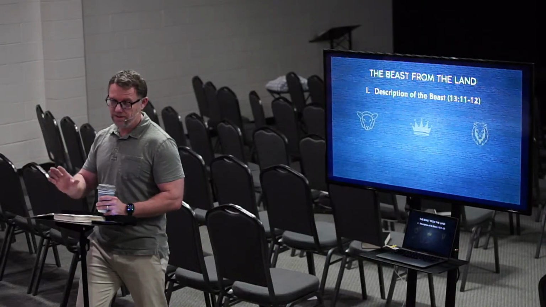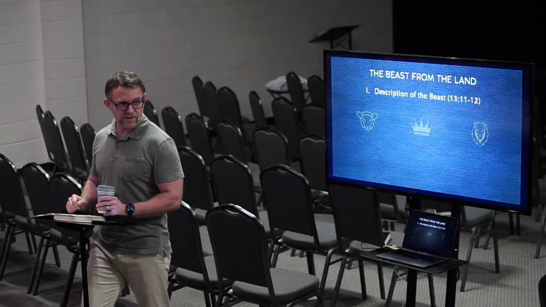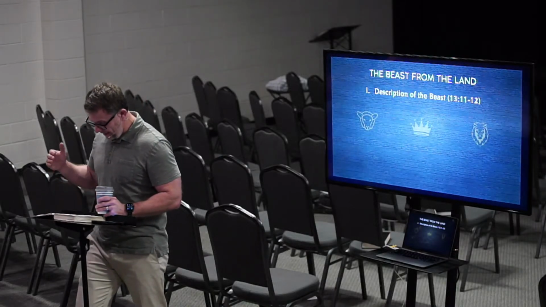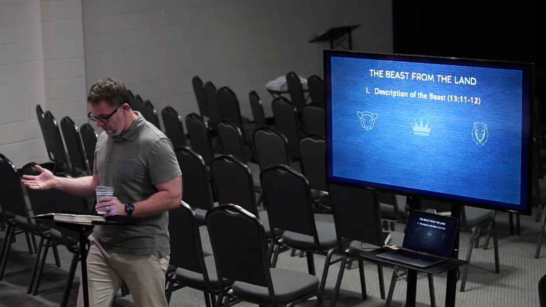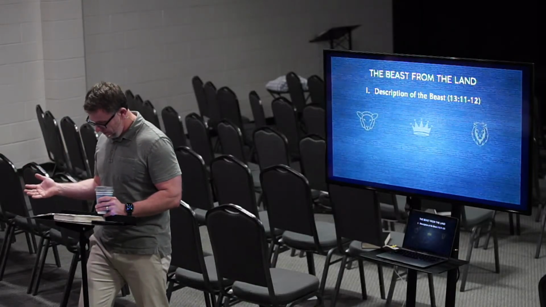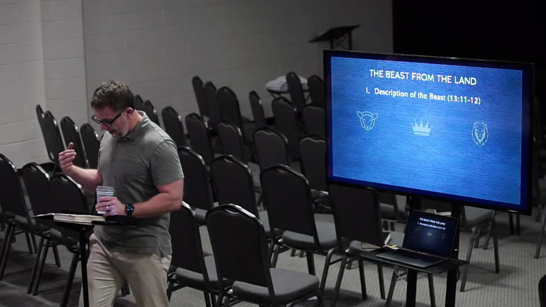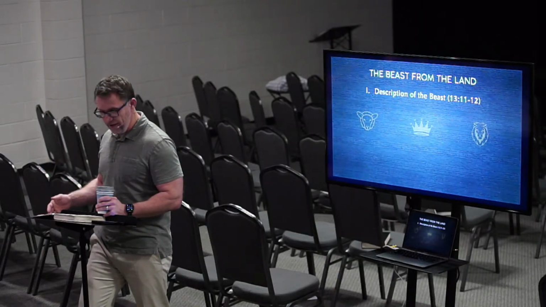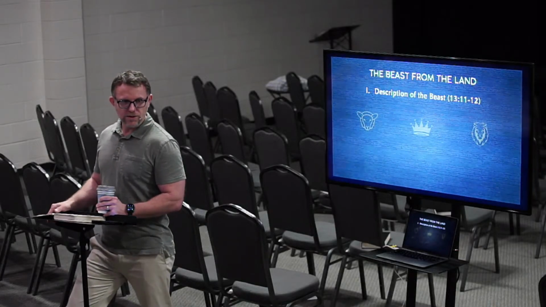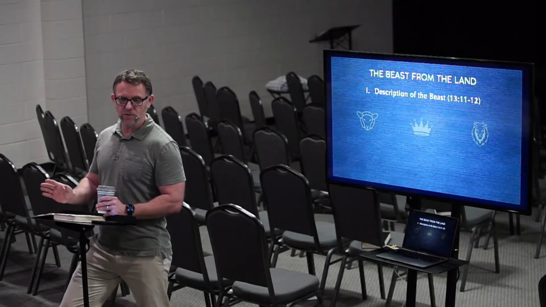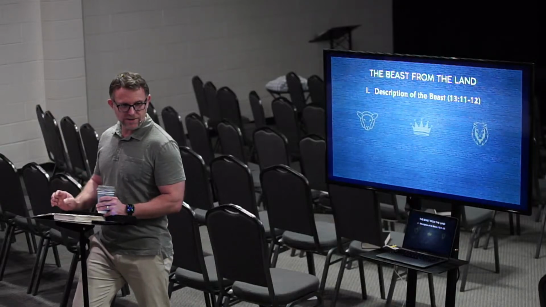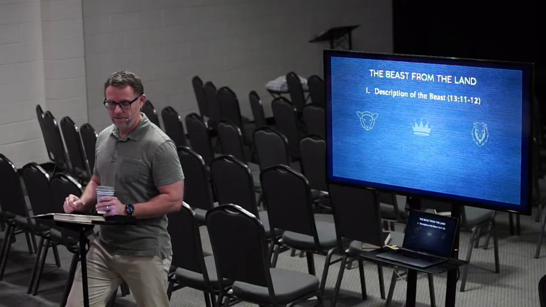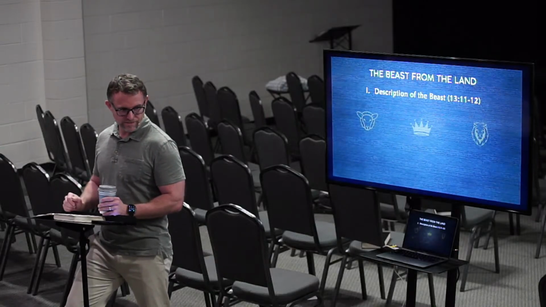Looks like a lamb, but it's the dragon's voice always. That's important. And then it says it exercises all of the authority of the first beast in its presence and makes the earth and its inhabitants worship the first beast whose mortal wound was healed. So, just as the first beast leads people to worship the dragon, the second beast leads people to worship the first beast. So they're all working in concert.